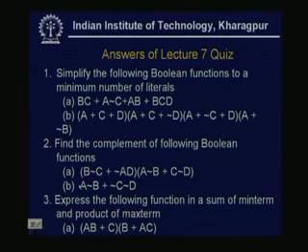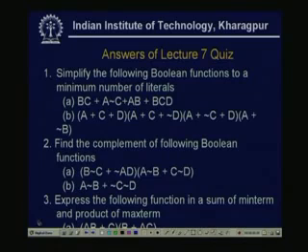Now we see the second one, that is 2b, AB bar plus C bar D bar. We see how we can take the complement. Say F equals AB bar plus C bar D bar.